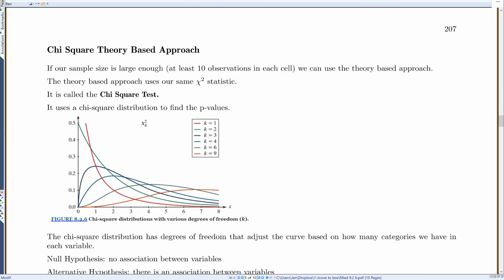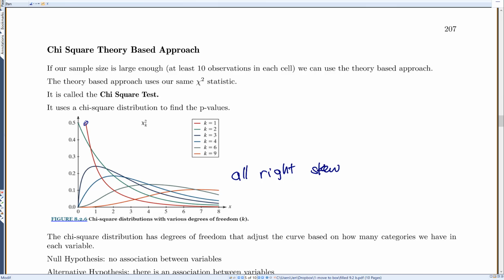They're all right-skewed, but you notice they look quite a bit different. So 1 degree of freedom is this one right here, then 2, 3, 4, 5, 6 degrees of freedom. They're all right skewed, they just look different based on the degrees of freedom.